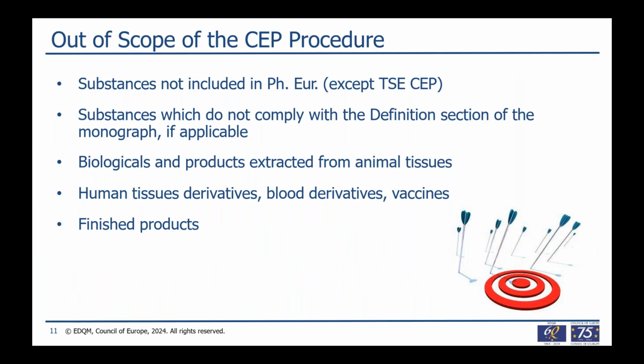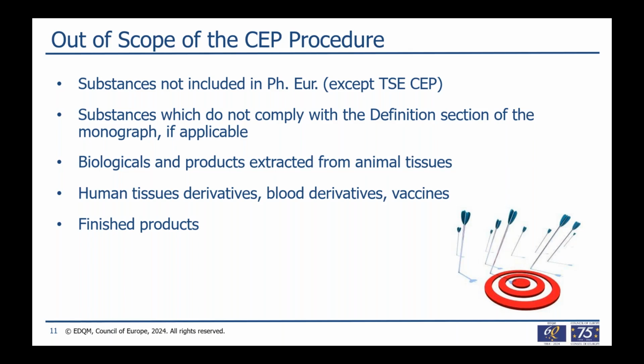In terms of substances that are out of the scope of the CEP procedure, those substances that are not covered by a specific monograph are out of the scope in case of herbal or chemical CEPs. Also, substances that do not comply with the definition section of the monograph are out of scope.